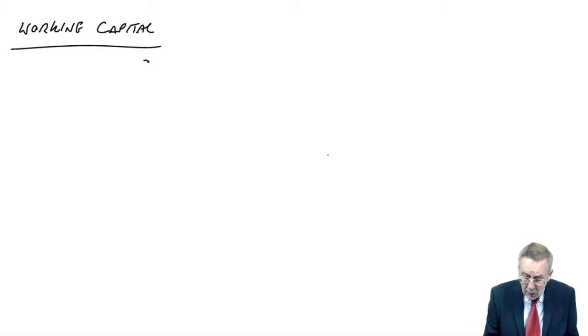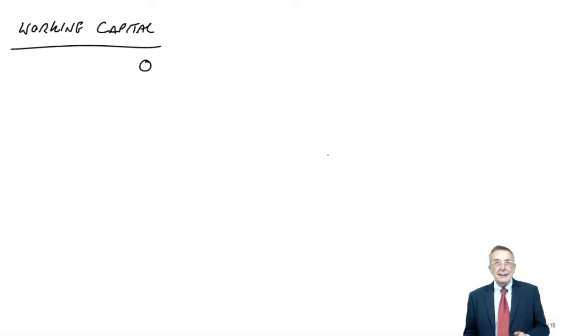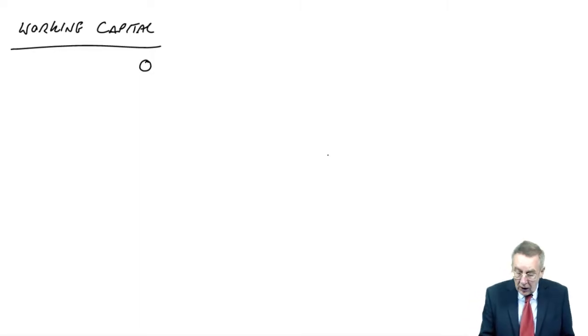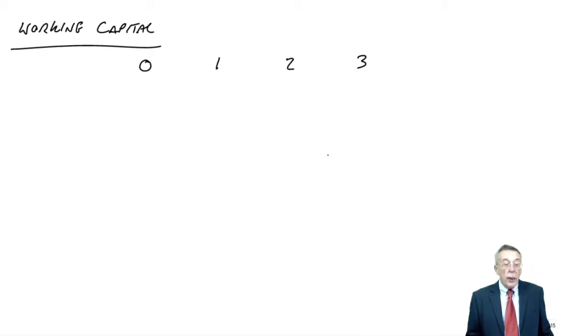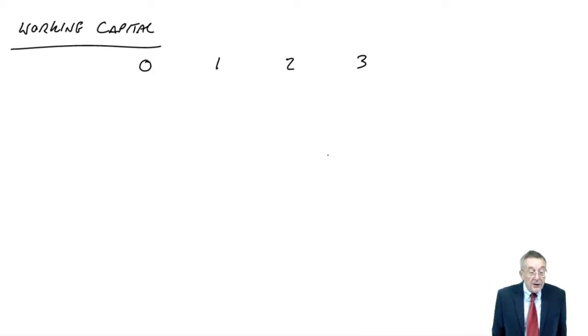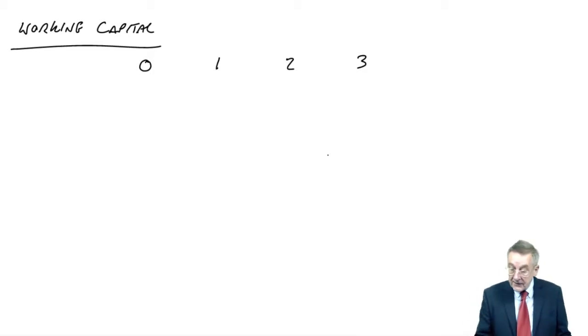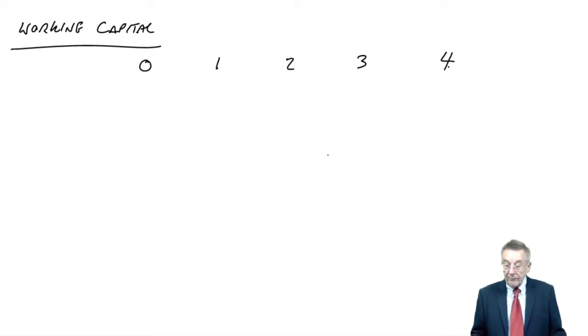Time 0 is now, time 1 is in 1 year's time, 2 years' time, 3 years' time, and so on. This project lasts 4 years, so I'm going to do columns for the cash flow now, and in 1 year's time, 2 years' time, etc.